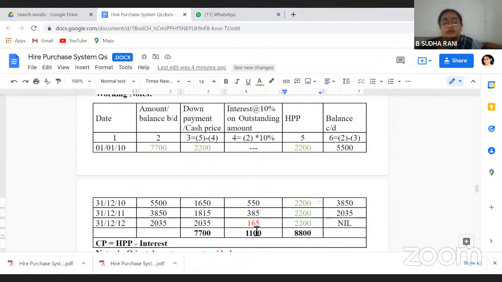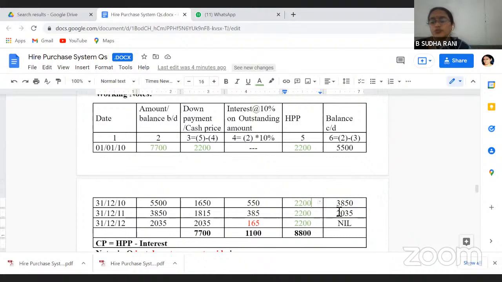The next is the second year again. At the first year ending, what is the balance? 5,500. Out of this, you already paid 1,650 at the first year ending. So from the 5,500 cash balance minus the 1,650 cash balance paid, you get 3,850.